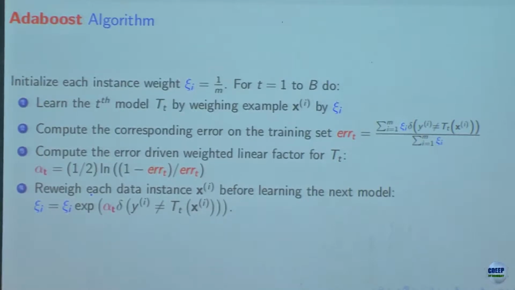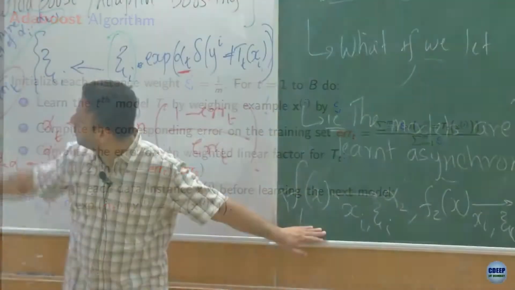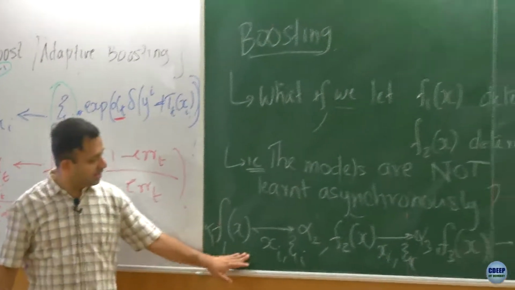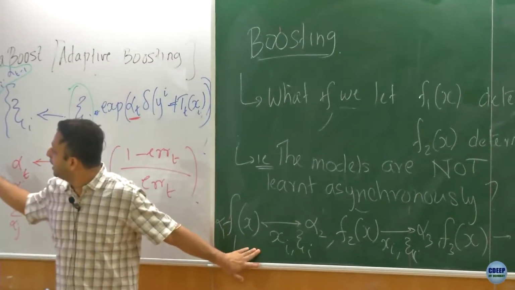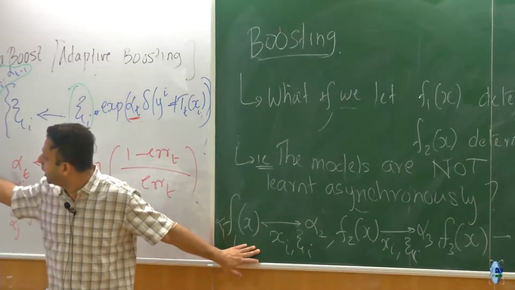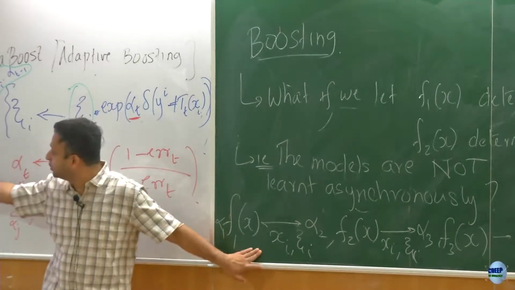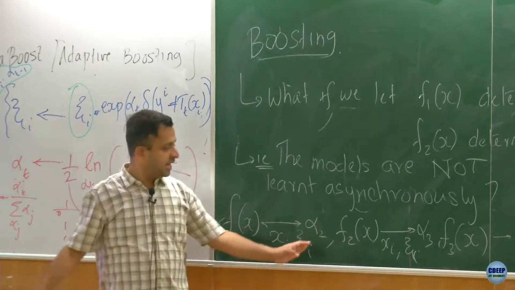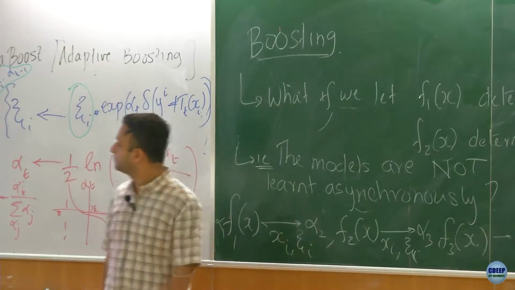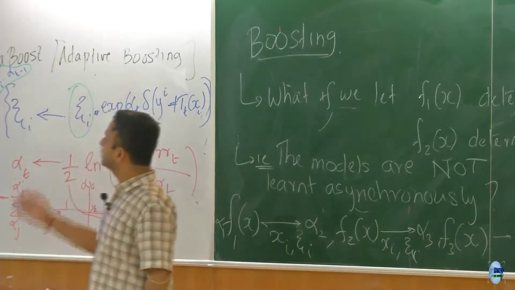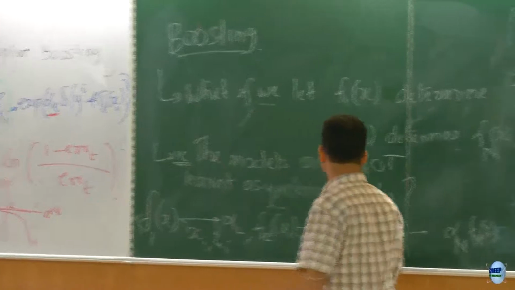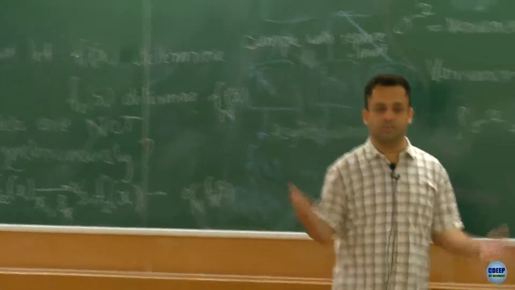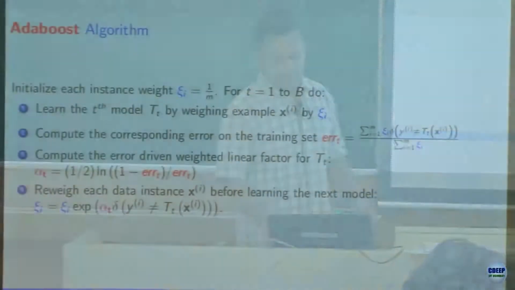So in terms of this sequence, you start with some xi i and then you learn the first model. You learn it the way you would typically, and this does not require you to sample the data set, the entire data set. Then step number 2 says, now compute the error, compute the alpha t and compute the new xi using these two expressions, and then move on to the next model. You do it b times, or m or whatever, based on the number of classifiers you are picking.